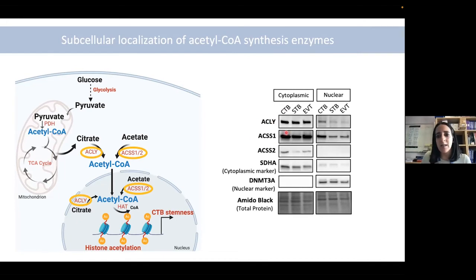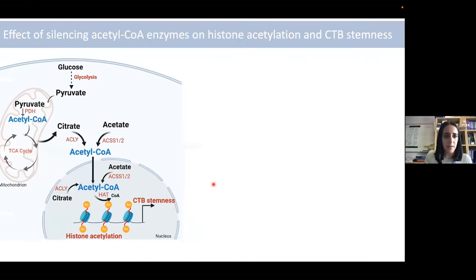As we can see here, ACLY and ACSS2 don't change at the cytoplasmic level in CTB, STB, and EVT, while if we look at the nuclear levels of these enzymes, they are higher in the CTB cells compared to EVT and STB. So this might suggest that the metabolic regulation of acetyl-CoA is directly correlated to these enzymes, which would be the focus of gene targeting experiments such as this one.